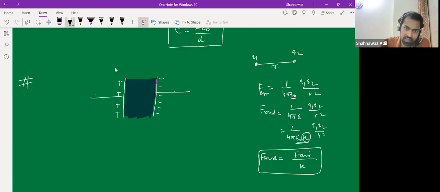Let's say its dielectric constant is K, and the separation is again the same, so this is D. And we have sigma, and the area is the same, so the area is A. So how much would the electric field be? The electric field was sigma by epsilon naught. But now how much would the electric field become?